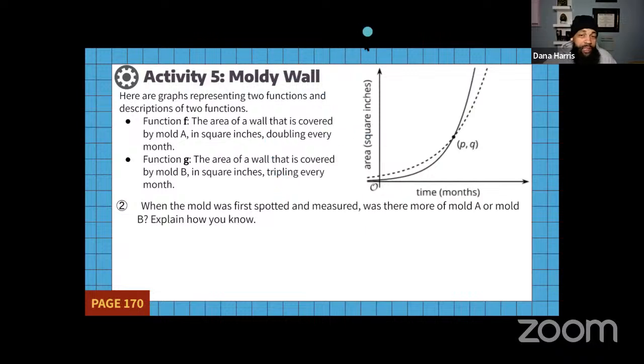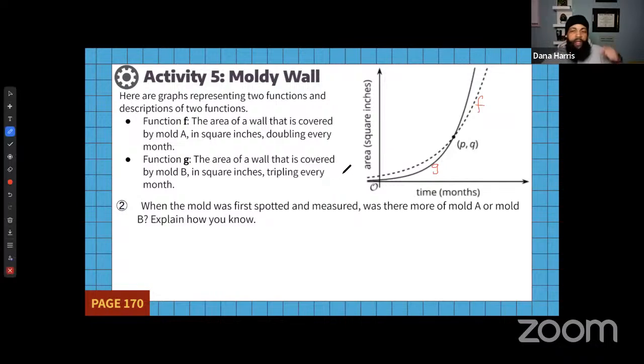Now, do not let this confuse you, because we have g and we have f, but g has mold B and f has mold A. So that tells us there was more of mold A. Please don't let that confuse you. You've got to read this carefully. All right. And then let's go to the next one.